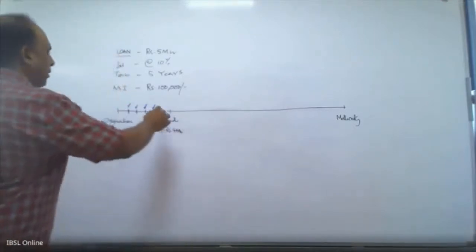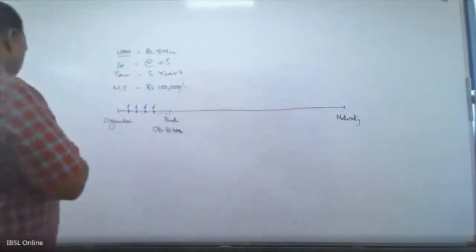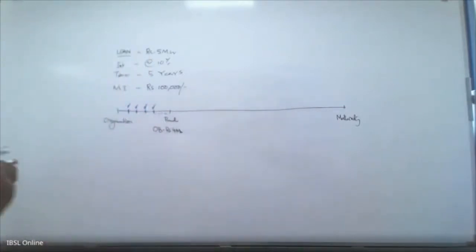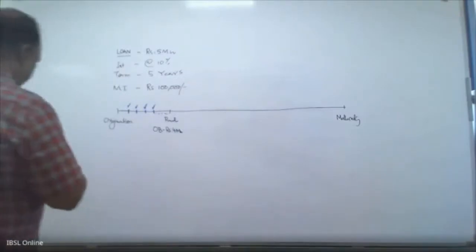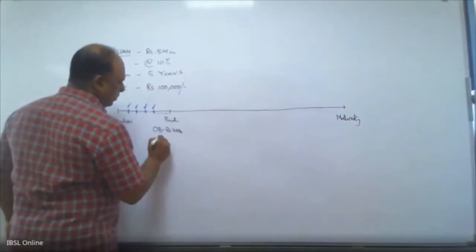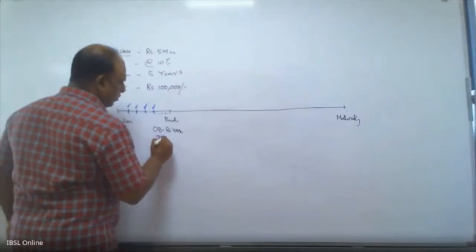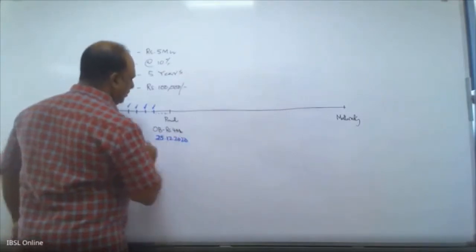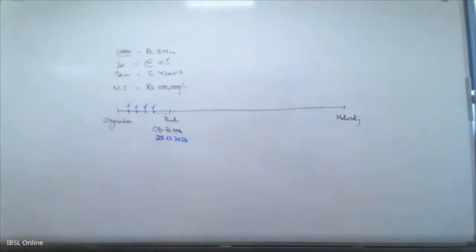So still from here to here, the customer has to pay 4 million. And this was paid, let's say, on the 25th of December 2020. This is where the customer has paid the last installment, 100,000 was paid on that day.